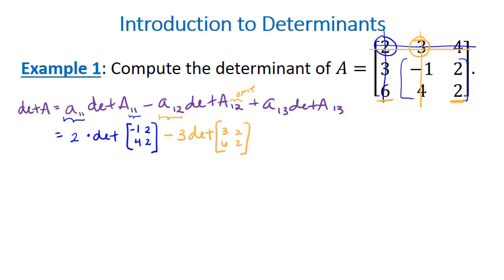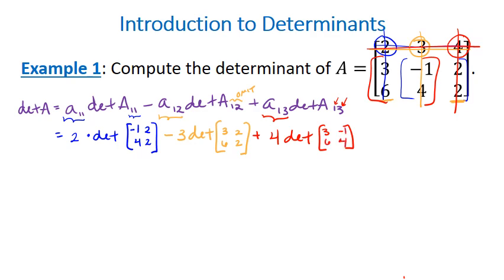I just know that when I erase things, you won't really see it. Okay, then I want the entry in row 1, column 3, which is 4, times the determinant of the matrix that results when I omit row 1, column 3. So that's this matrix here.